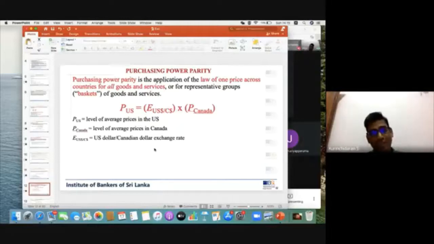We are not taking all the goods, only selected goods, giving them weights, and calculating the consumer price index. So when those selected goods' prices increase, the general price level increases, or when the prices of those baskets of goods decrease, then your general price level will decrease. So now you know, right?